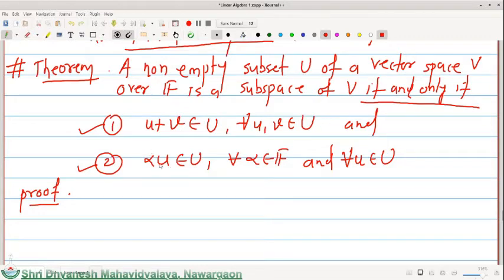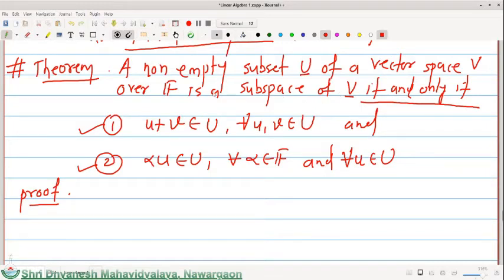If these two operations are defined on a non-empty subset U of V, then U will become a subspace of vector space V. So we have to prove this, and we will have two parts here.